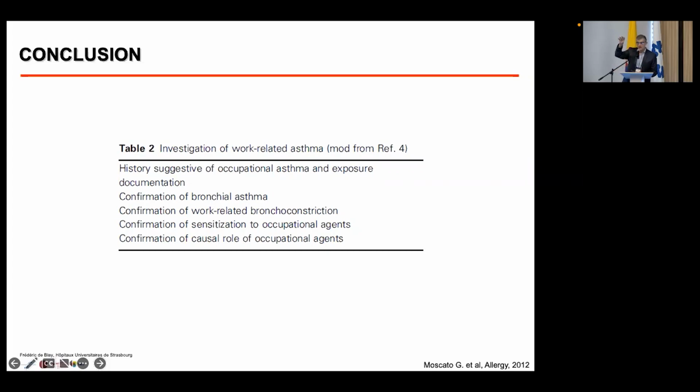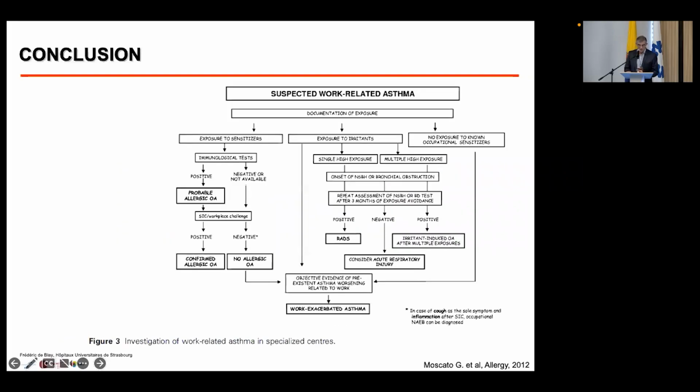Asthma is related to work. What kind of agent is responsible for the symptoms? Okay, maybe this agent. You have to demonstrate that there is a causal relationship between the symptoms and the agent, and this is sometimes difficult. So it is too complicated.